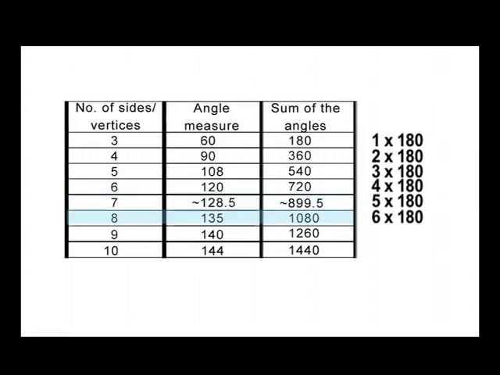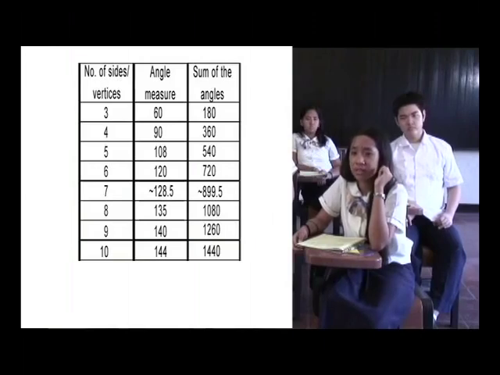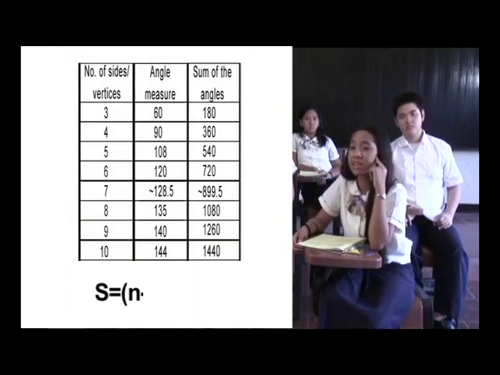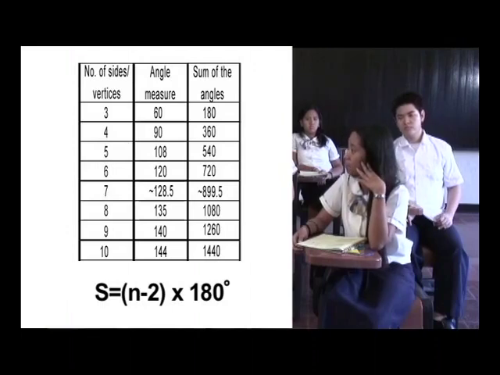In each case, the multiplier is equal to the number of sides or vertices decreased by 2. So, if we let n be the number of vertices and s represent the sum of the angle measures, then we have s is equal to (n minus 2) multiplied by 180.